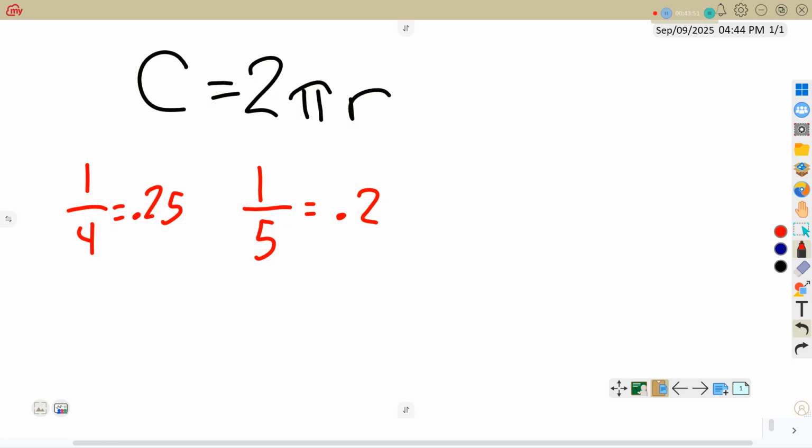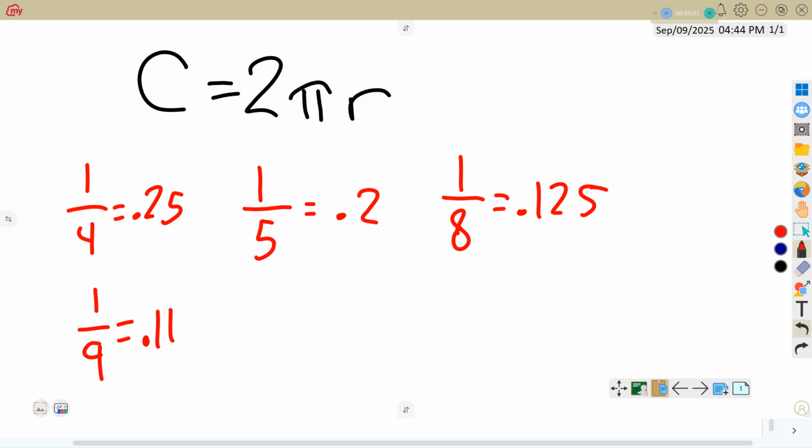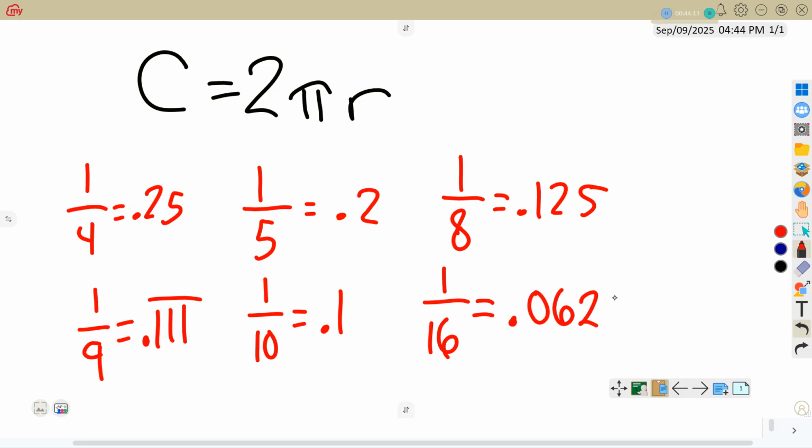You want to know all of those, especially when it's one of them, right? 1/8 was 0.125. The pattern, 1/9 was 0.1111 repeating, and 1/10 was 0.1. And then we got farther, all the way to 1/16, the last one I had you do, and you learned that was 0.0625, and so on and so on.